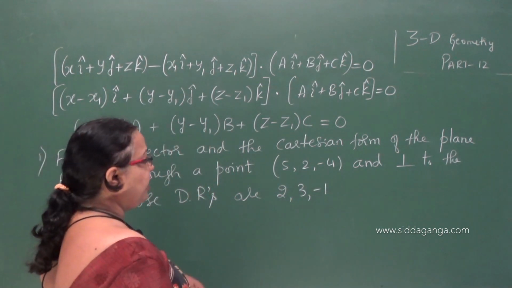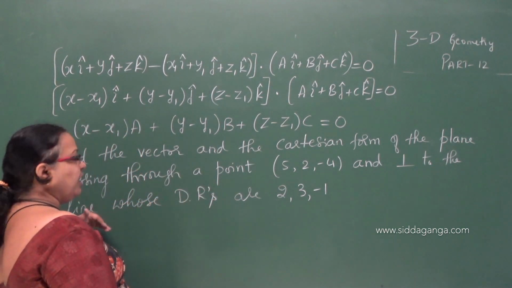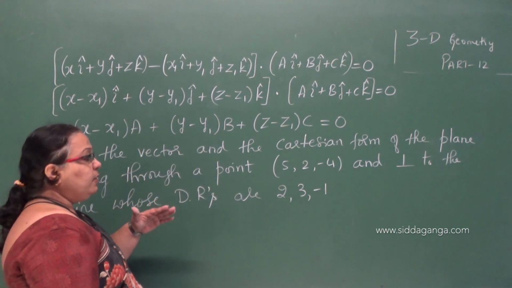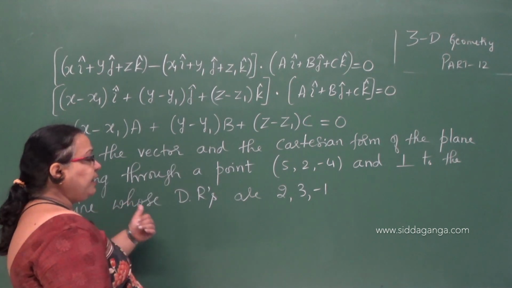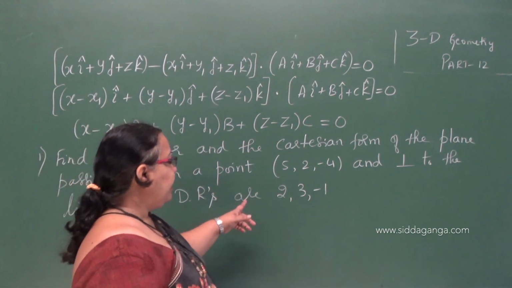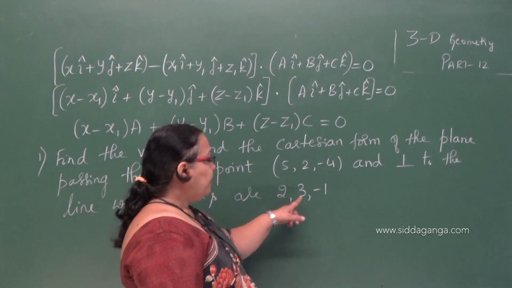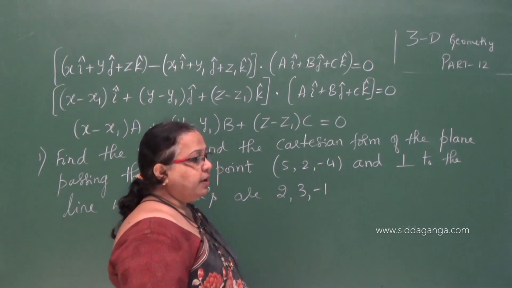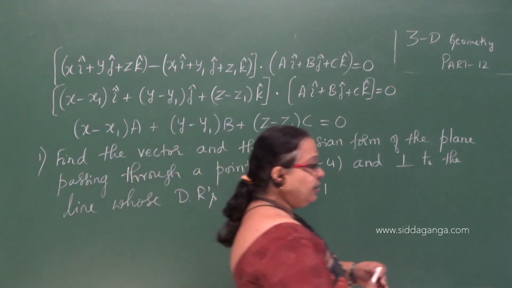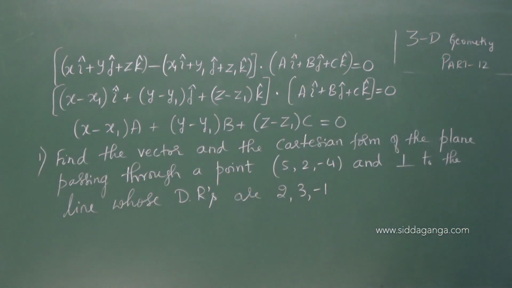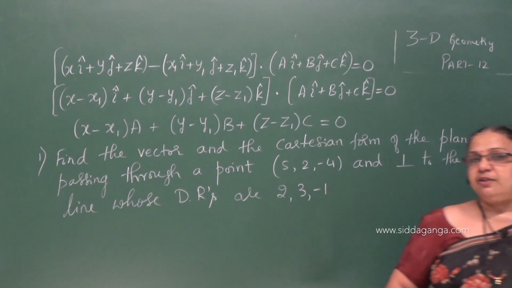Direction ratios are perpendicular to the line, so that is the normal vector; the direction ratios are nothing but a, b and c. Now we have to write these plane equations both in vector as well as in the Cartesian form.